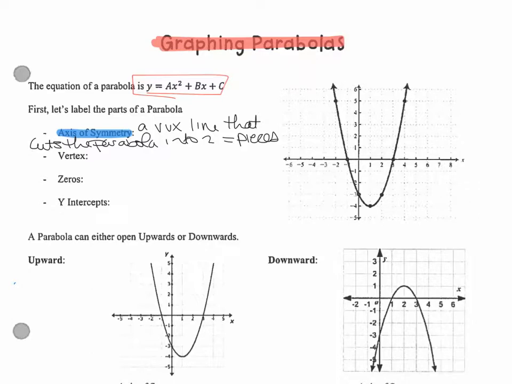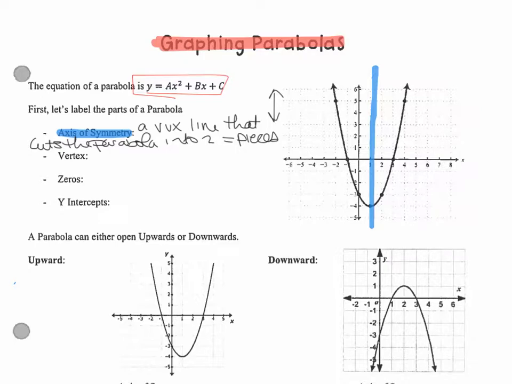Remember being symmetrical. It's a vux line, and remember vux lines always look like this. So if I go over to this parabola that's given, my axis of symmetry cuts my parabola into two equal pieces. That's where my axis of symmetry would actually be.